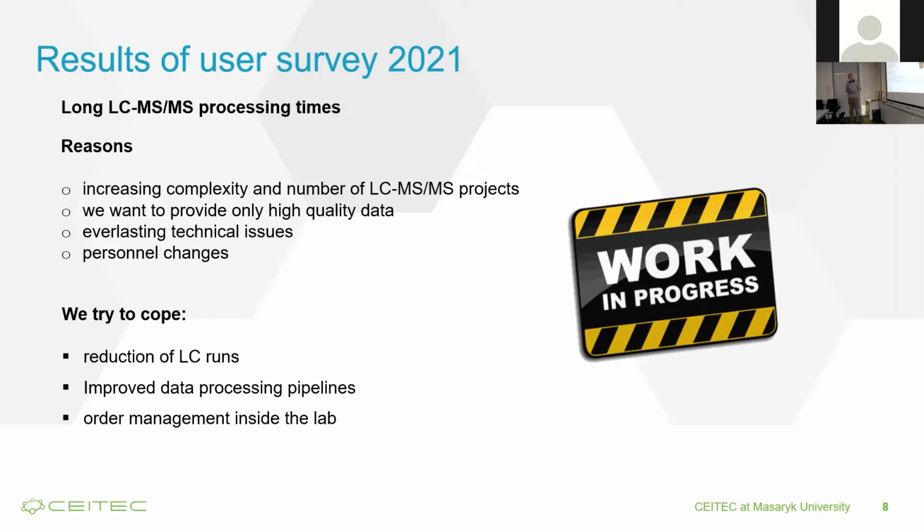So anyway, we are trying to reduce this time for LC-MS analysis. We try to reduce the time of chromatographic runs without sacrificing quality of data. For example, we are changing processing pipelines because we are moving from DDA to DIA acquisition modes, so we need to use other software tools for it.